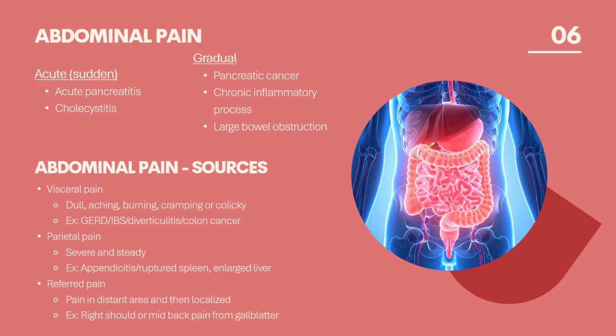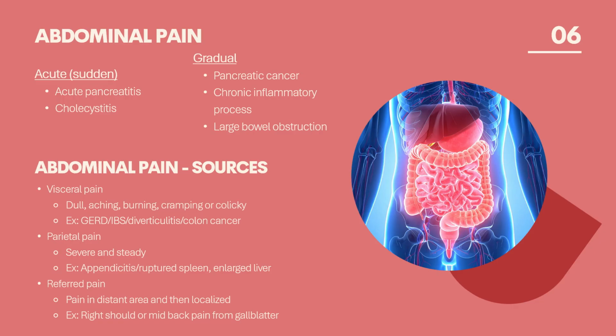The patient may just gesture over a general area. There is not a pinpoint of exactly where this pain is occurring. This can happen with early appendicitis, a bowel obstruction, or maybe hepatomegaly or splenomegaly.